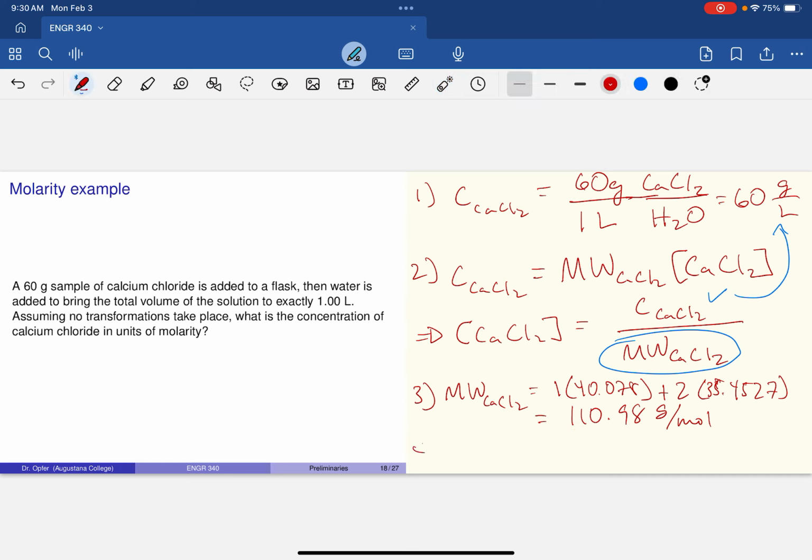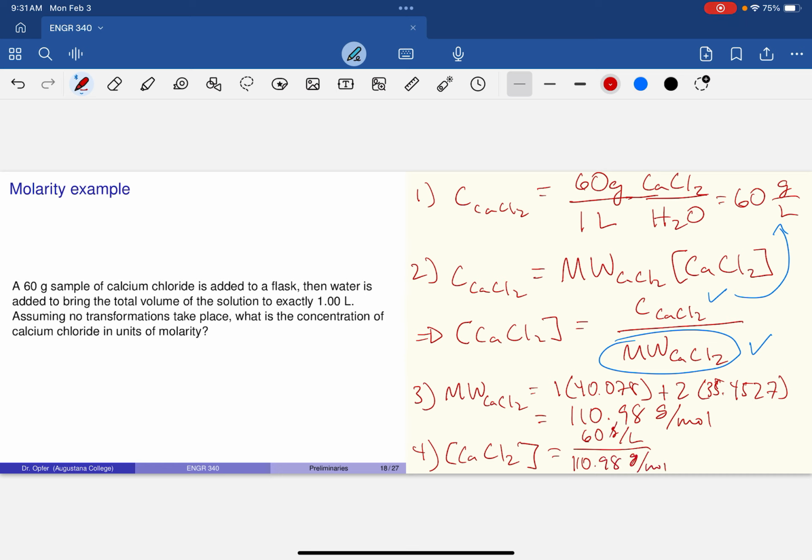Okay, and the last step is just plugging that all in. So now we just found the molecular weight. We know the mass concentration is 60 grams per liter. We've got grams divided by grams. So here, let me just write this. So this is going to be 60 grams per liter over 110.98 grams per mole.